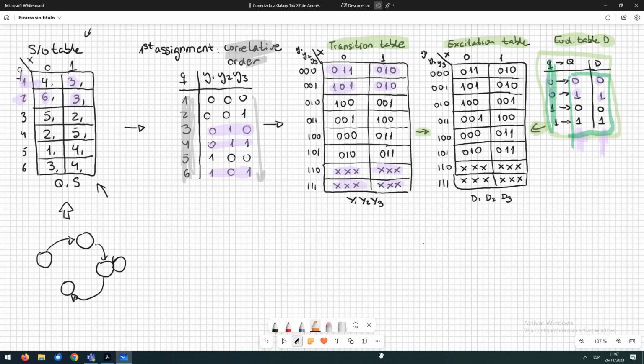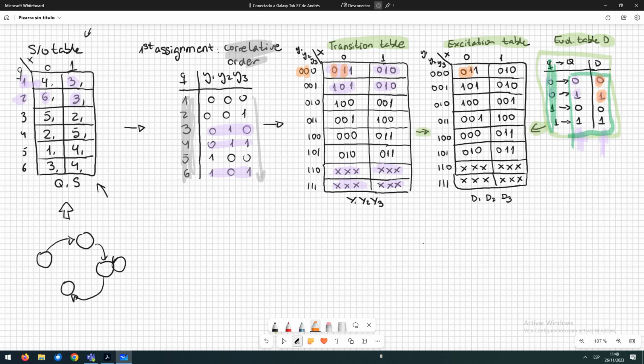If the current state is 0 and the next state has to be 0, the value in the input has to be 0. So we write here a 0. If the current state is 0 and the next state is 1, we have to choose the input 1 in the base table.